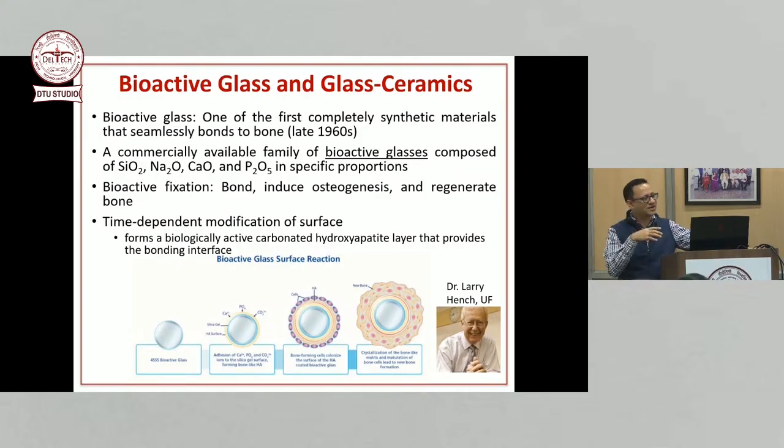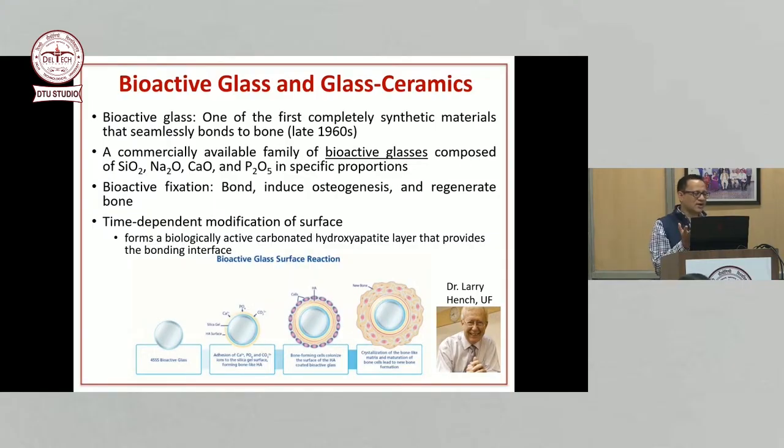Because when I implanted it in the rat, now I cannot remove it. It bonded with the bone so strongly that he just couldn't remove it after 4 to 8 weeks, whatever time frame he tested it for. So that's how bioactive glass came into existence for bone, because it interacts with the bone so strongly that they started using the bioactive glass for that.